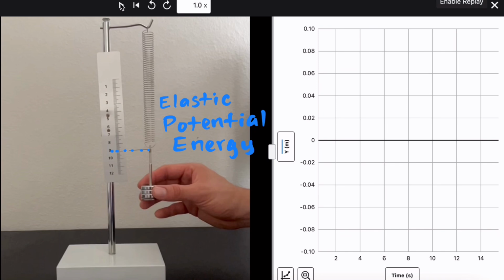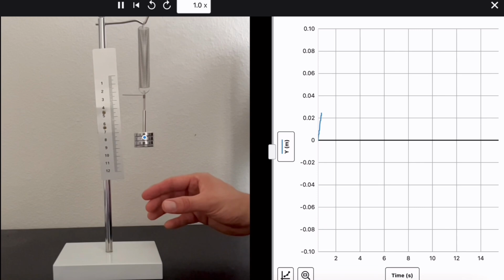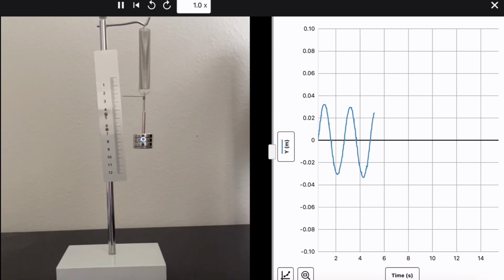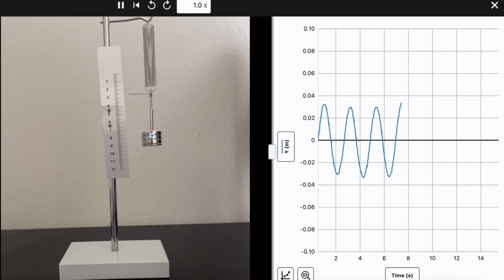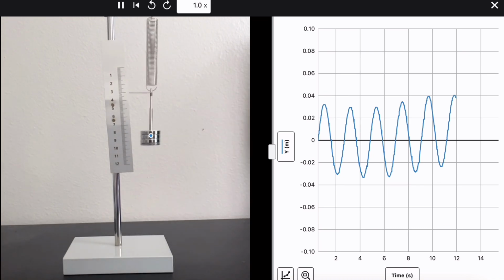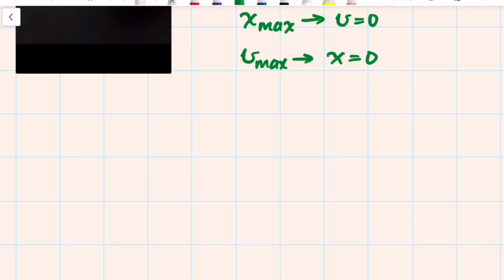The energy right before I release is all potential, not gravitational potential energy, although that is involved in a way, but we can just say it is elastic potential energy. We learned this formula in Unit 3: the elastic potential energy on a spring is 1/2 kx squared. K is the force constant and x is, as we established, displacement.